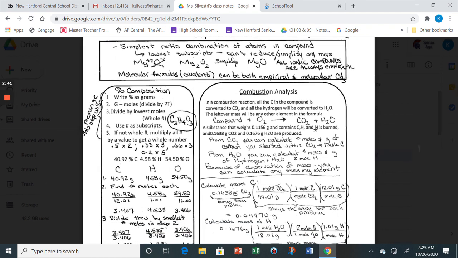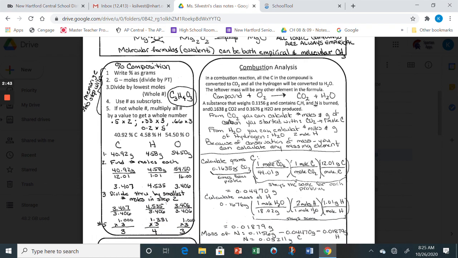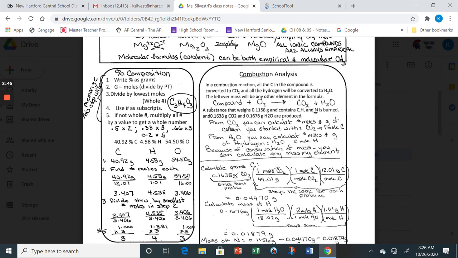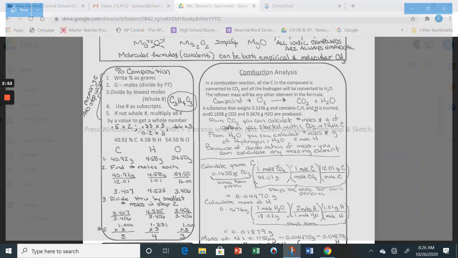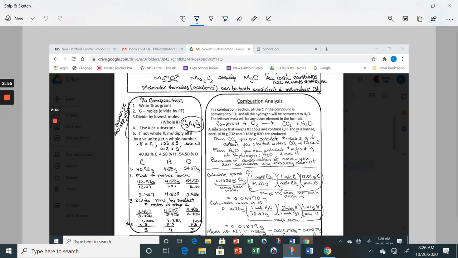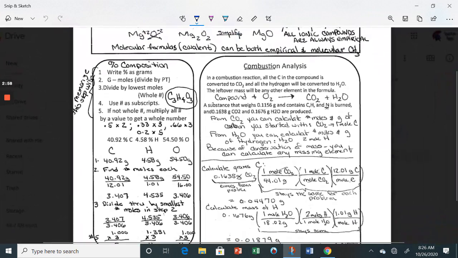Again, when we look at empirical formulas, ionics will always be empirical. So here's the important thing. Ionics are always empirical. What does that mean?